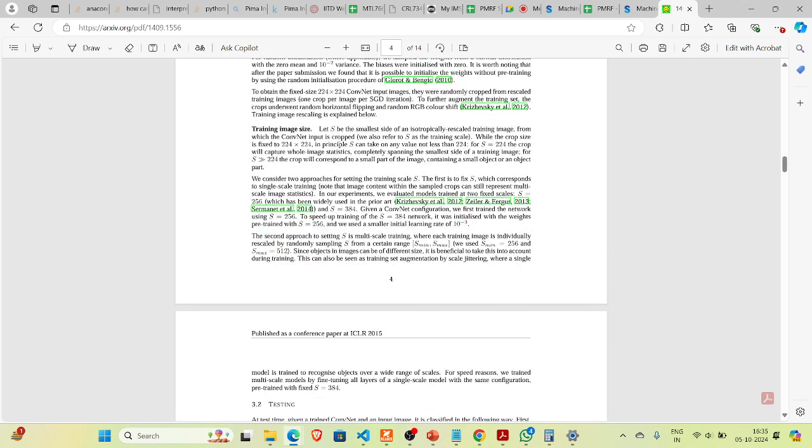Okay, so let's read this one. So let S be the smallest size of the isometrically scaled training image from which crops are taken, while the crop size is fixed. In principle, S can take any value not less than the crop size, completely spanning the smallest side of the training image.